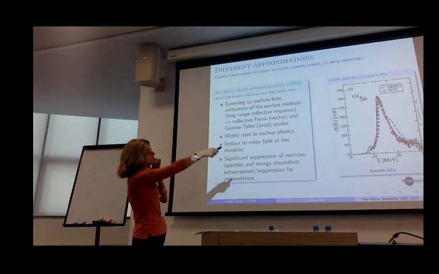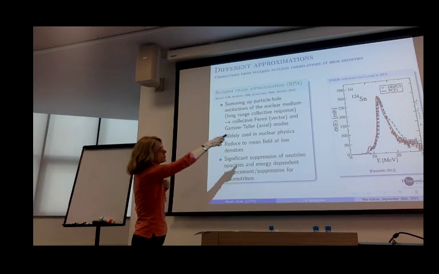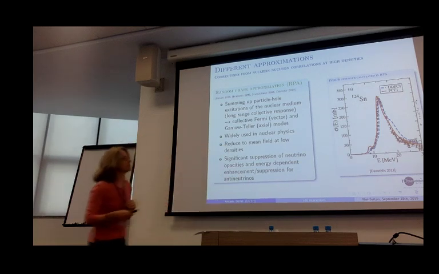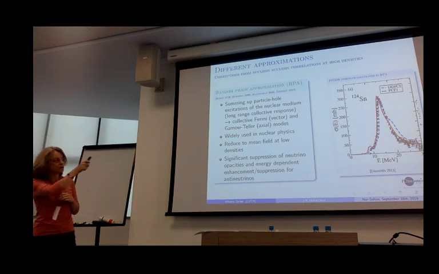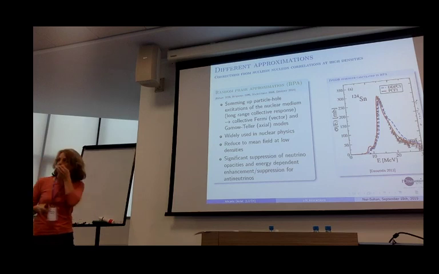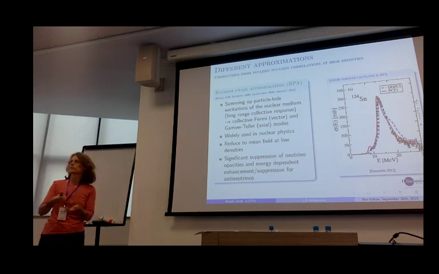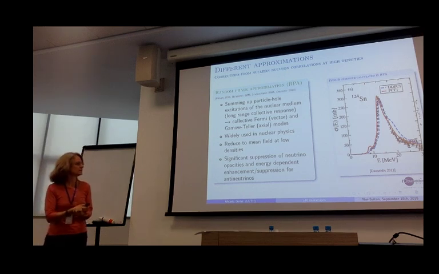You see a comparison of a calculation using this random phase approximation and the experimental data, and you see that this approximation in many cases describes the experimental data well in nuclear physics. And if you go to low densities, then it reduces to the simple case. So it's really an approximation which takes into account correlations at high density.